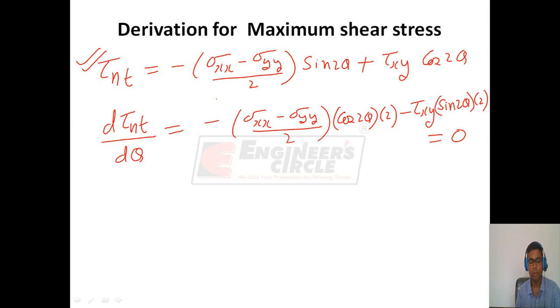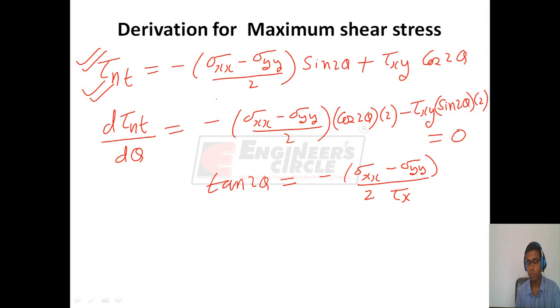Put this equal to 0 for maximum or minimum values of shear stresses at a point. We get tan 2 theta equal to minus (sigma xx minus sigma yy) by (2 tau xy).